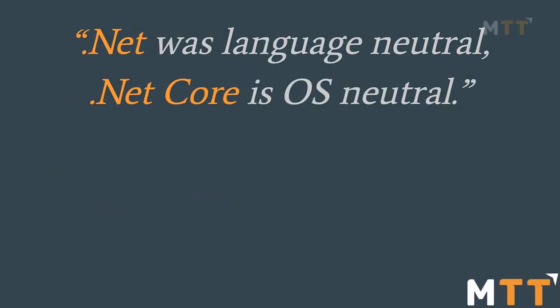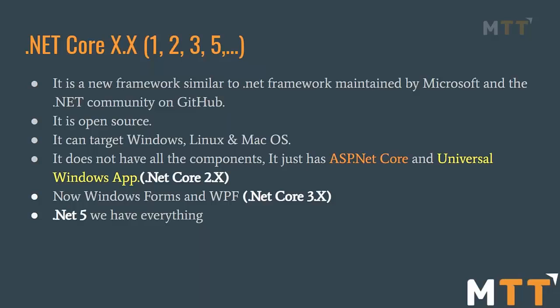So .NET was language neutral, .NET Core is operating system neutral, a single sentence difference. I hope this much theory is enough. So you should be in a position to speak about your .NET Framework and .NET Core.